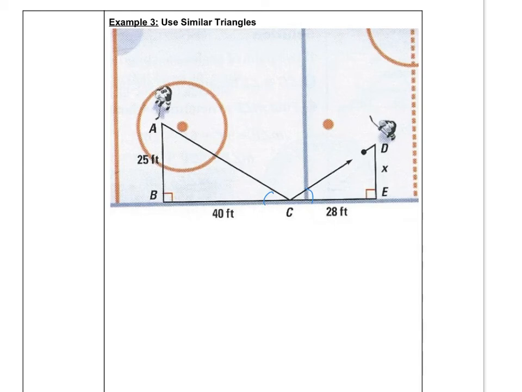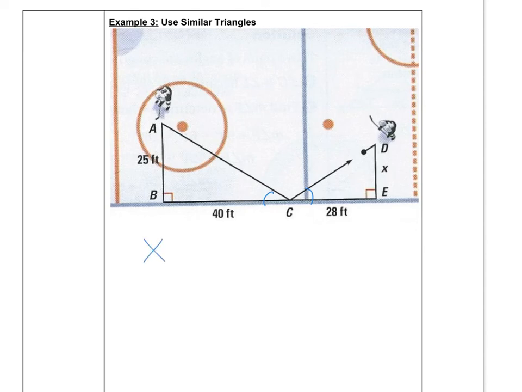Now, in the book, it wants us to write a proportion. The reason they want us to write a proportion is they want us to figure out how far away this hockey player is from the wall, and that's why they call it X. So we set up a proportion.